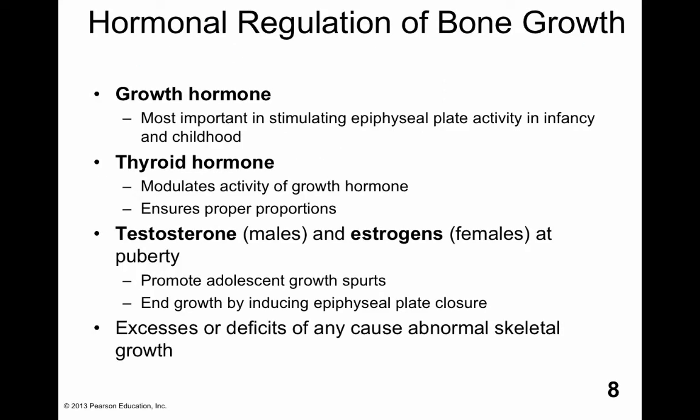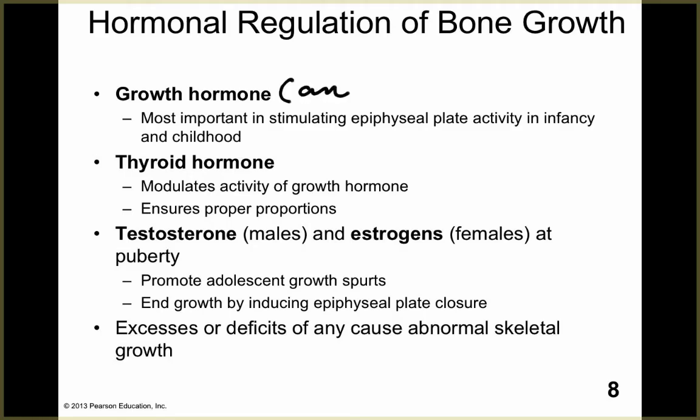And so we talked a little bit about this already when we were talking about calcium levels in the blood, but there are hormonal regulations of not just calcium levels in the blood, but bone growth. You have growth hormone that comes from the anterior pituitary, and we'll talk more about that at the end of the semester, when we talk about the endocrine system.